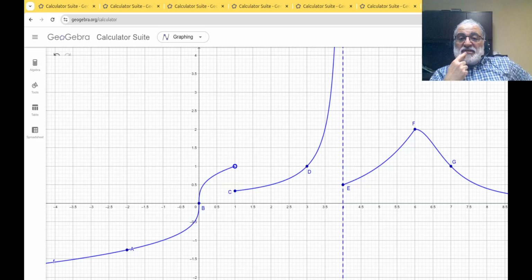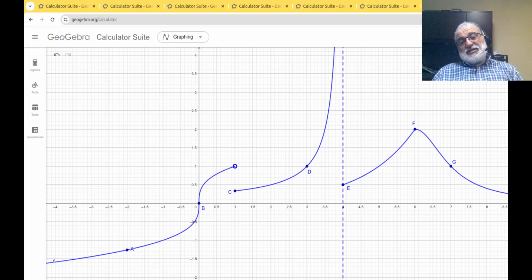and the function seems to be continuous. We're not jumping, we don't have holes, but we do have what? We do have a sudden change in curvature. So the function is going up like this, and all of a sudden turns and goes like that.